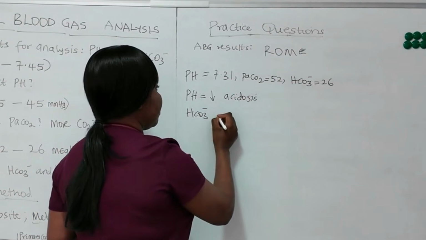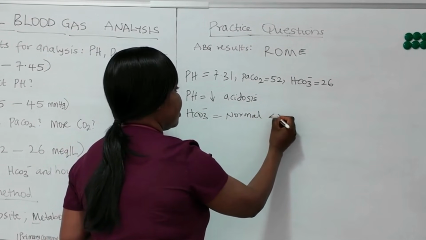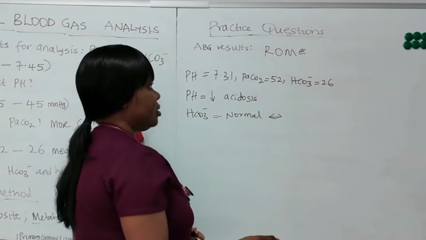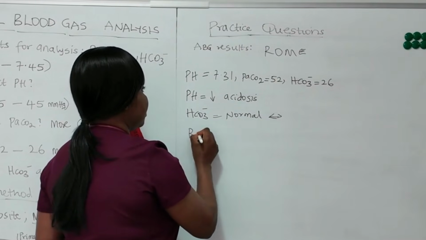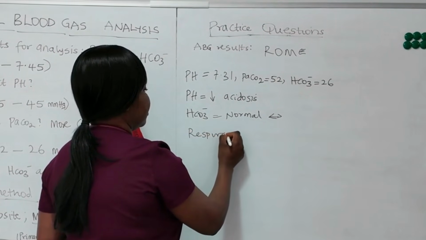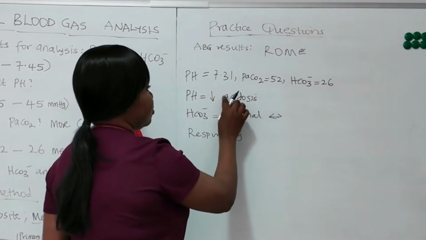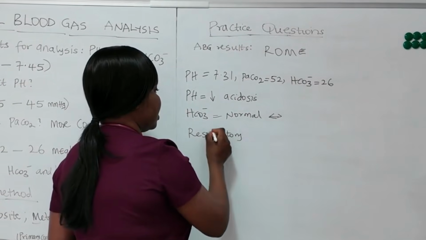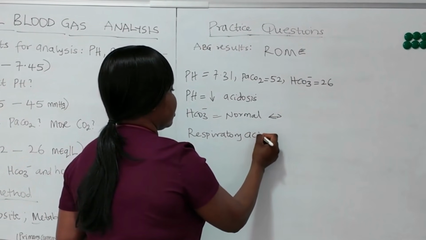So 26 is normal. Normal means the arrow is just like this. So down and normal is opposite. So it's not the same direction. That's still respiratory. So we know it's respiratory again. Because respiratory is opposite. So down arrow and normal arrow is not the same direction. So respiratory, because it's acidosis, we say acidosis.